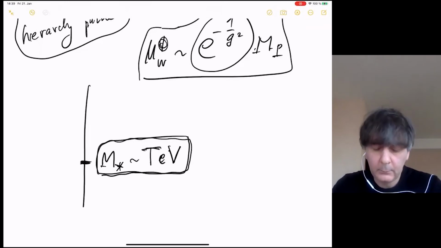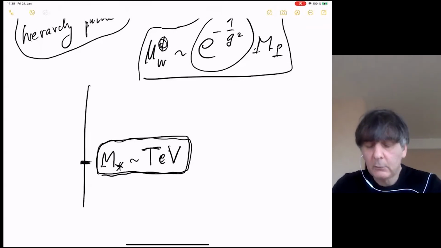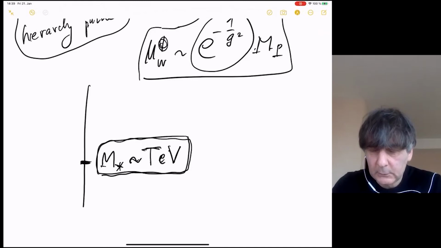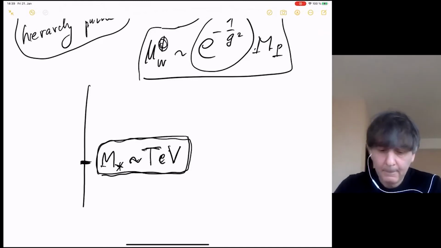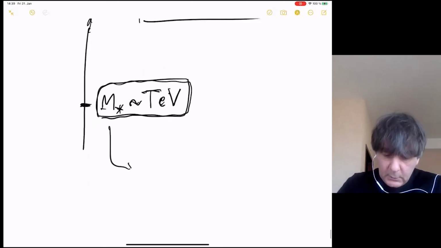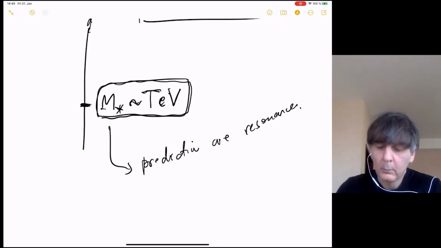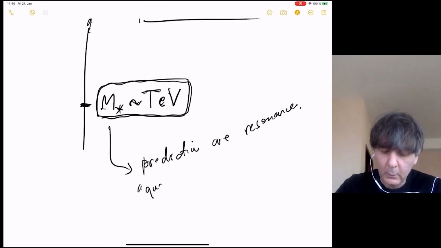that, of course, it comes with a prediction: if the cutoff is nearby, and in particular if we can probe these cutoff energies in colliders, then the predictions are resonances or quantum black holes.